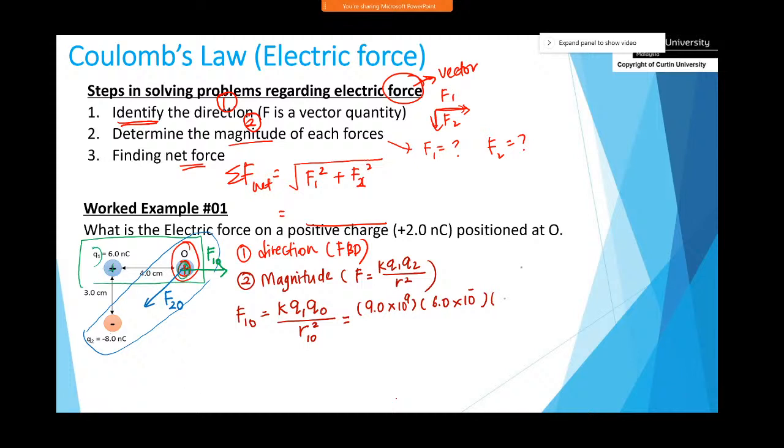Then QO, divided by the distance between them, which is 4 centimeter, converted to SI unit and squared. So you get 6.75 times 10 to the power of negative 5 newton.